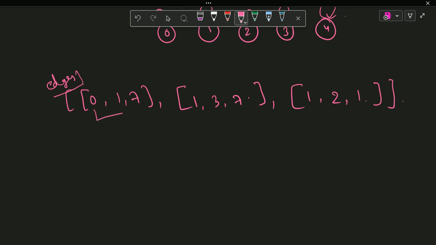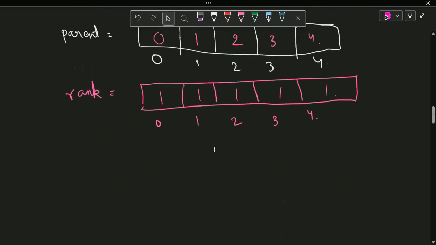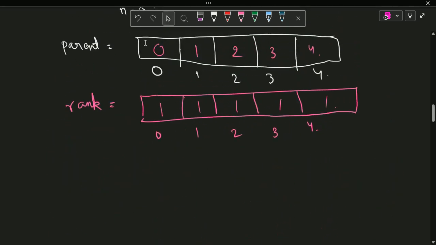Now we should join 0, 1. Initially, we see the parent array. Parent of 0 is 0 itself, parent of 1 is 1 itself, and rank is 1 only. How I understood this problem is, rank is like in political parties, suppose there is the TDP and the Janasena party.